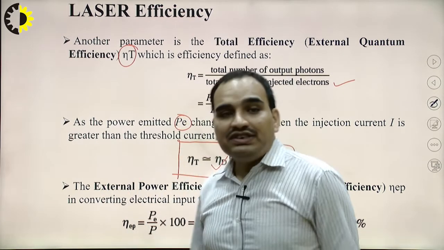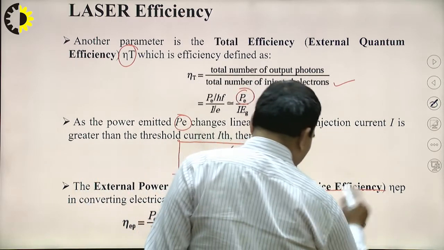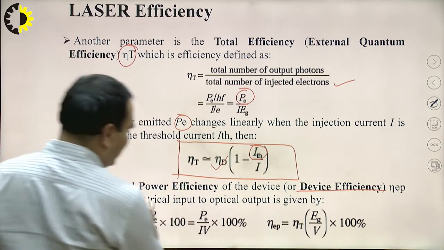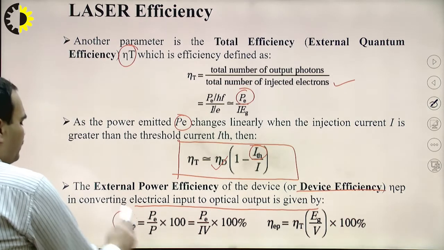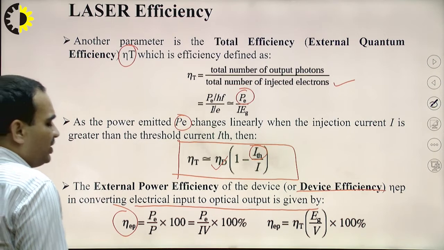So, the external power efficiency of the device, that is the device efficiency eta ep, in converting the electrical input to the optical output, is given by Pe by P into 100.